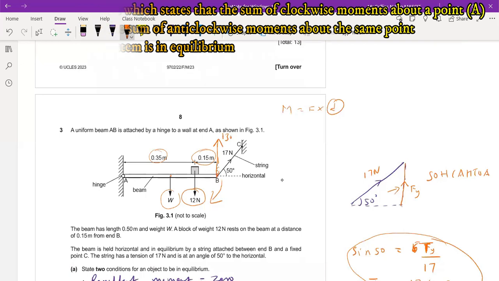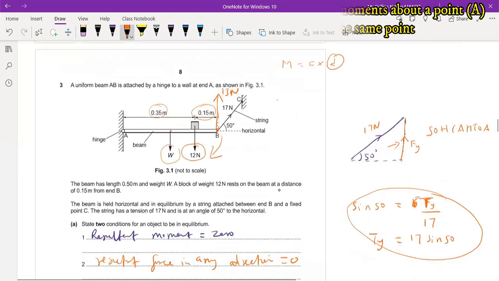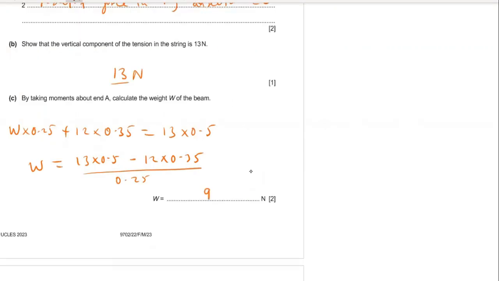That is 13 Newton here, so 13 Newton times 0.5. Therefore, W will be equal to 13 times 0.5 minus 12 times 0.35, all of this divided by 0.25. So what do we get? 9.2 Newtons exactly.